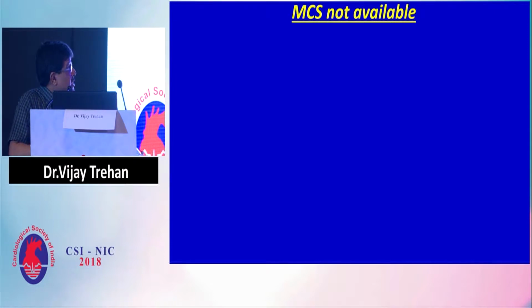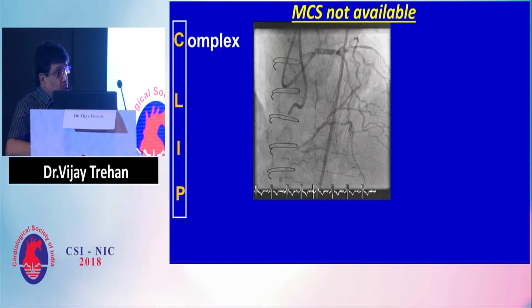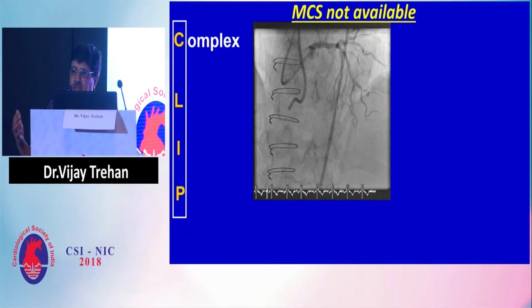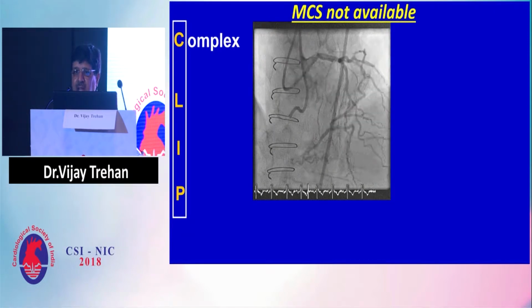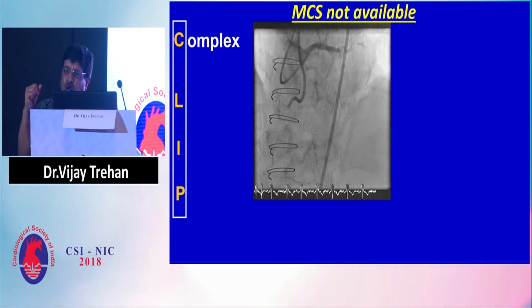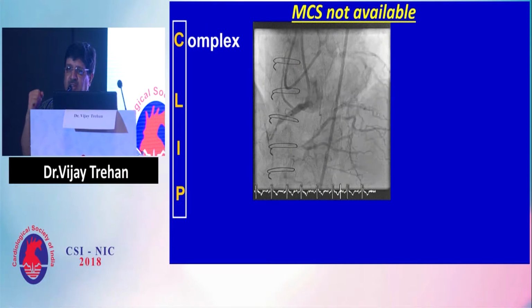And the other route is when you do not have the facilities for a protected environment in the form of circulatory support. So we will have to start with CLIP. By CLIP, what I mean is you gradually train yourself, so you start doing difficult cases. And C as a part of CHIP, I think most of the time the complexity is in the form of CTO. And the second complexity is in the form of calcified lesions.